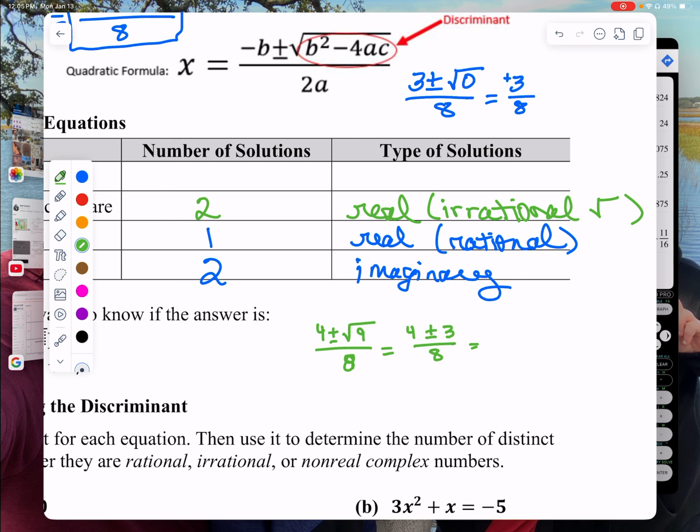If it was a plus, it would be 4 plus 3, so that would be 7/8. If it was a minus, it would be 4 minus 3, so that would be 1/8. So I still get two answers. They are real, but they are going to be rational. They're not going to have any square root in them.